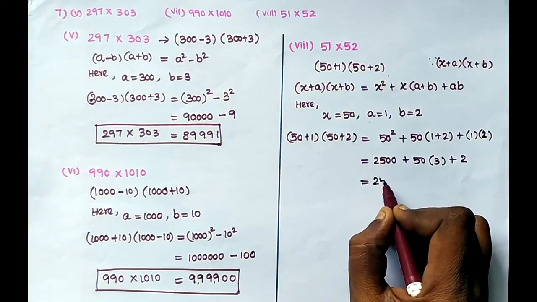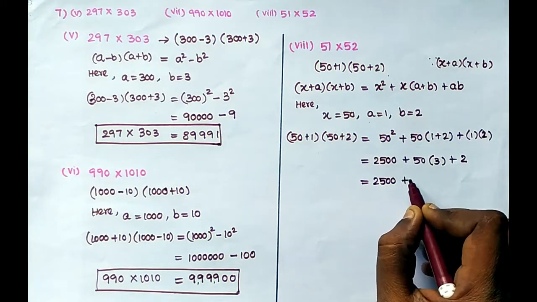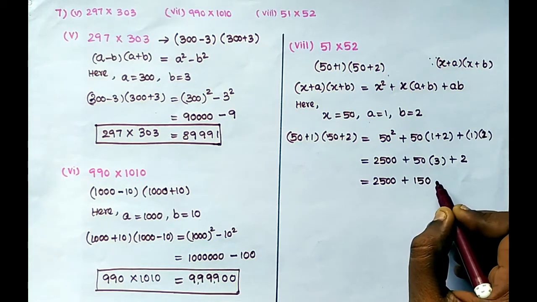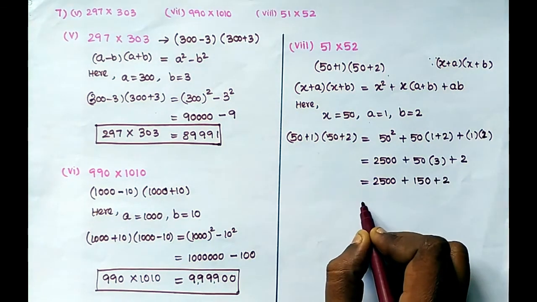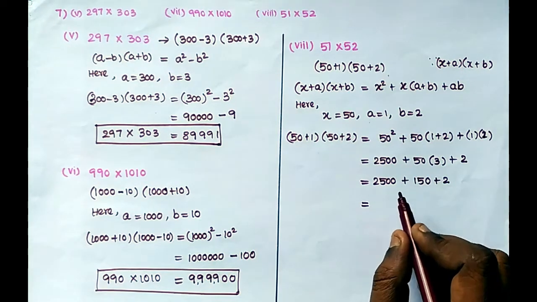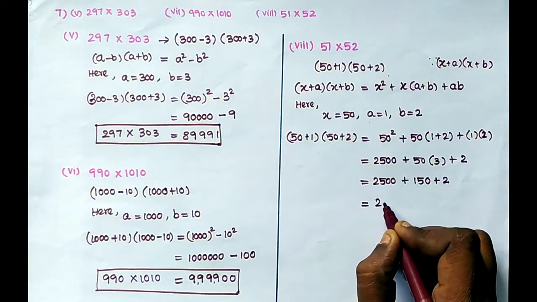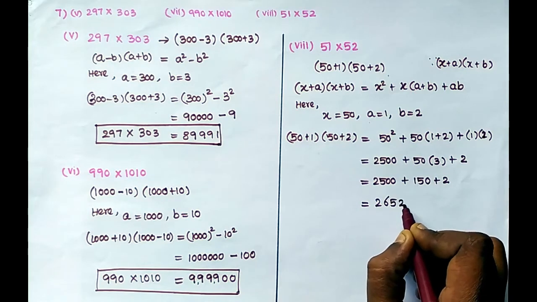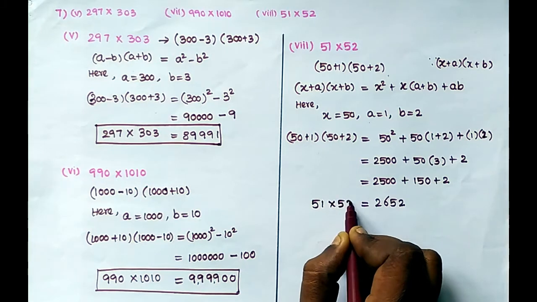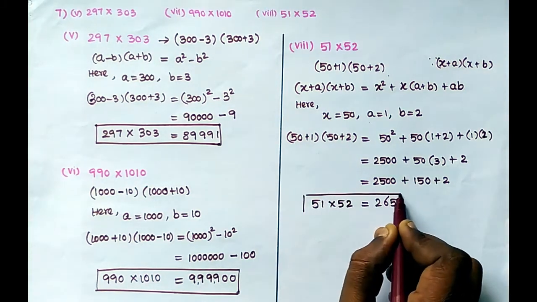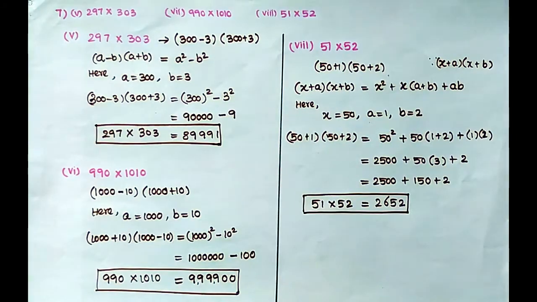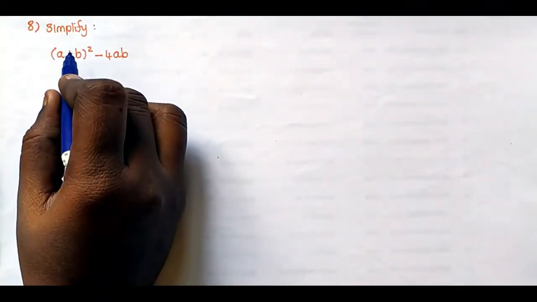So 2500 plus 5 3s are 15, put the 0, we get 150, plus 2. Finally we get 2652. That is 51 into 52. That is the question, no? That is the answer.